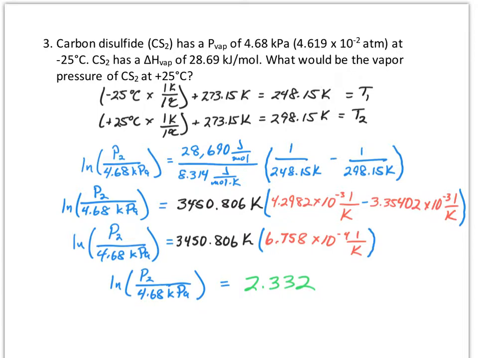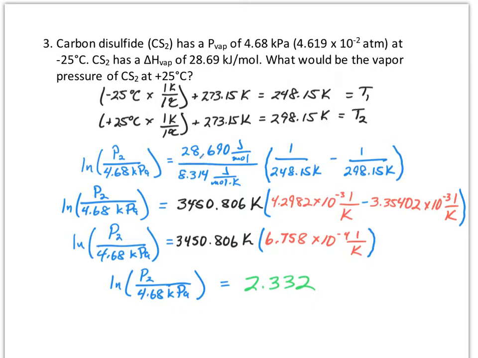So in the form of our equation, we don't know pressure 2, right? That's what we're trying to find. We do know pressure 1. We know the vapor pressure, but note the vapor pressure is given in kilojoules per mole, but the unit of the gas constant R is joules per mole Kelvin. So this unit has to match this unit, so we have to convert kilojoules to joules.